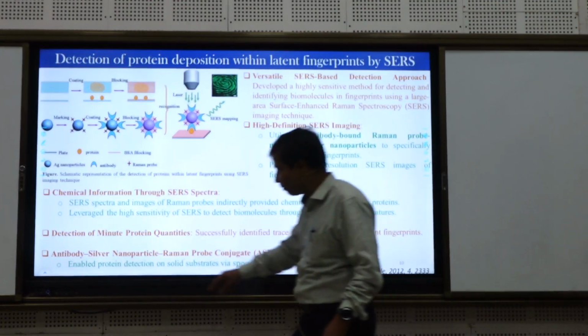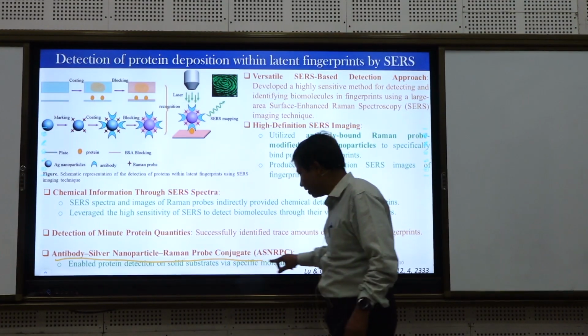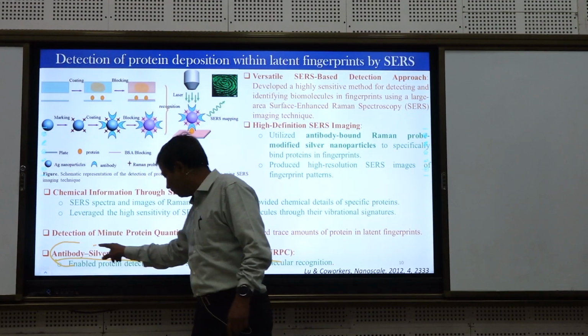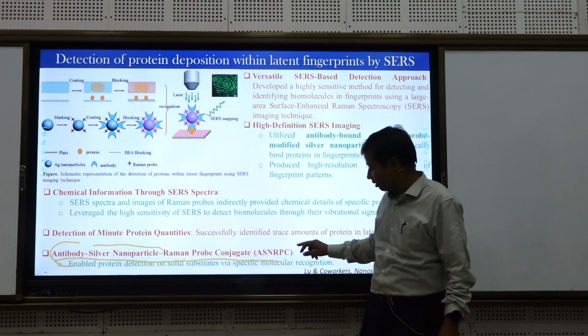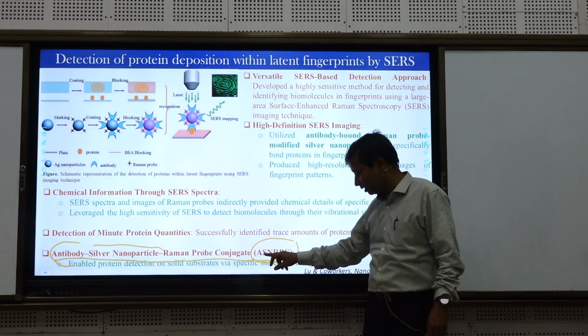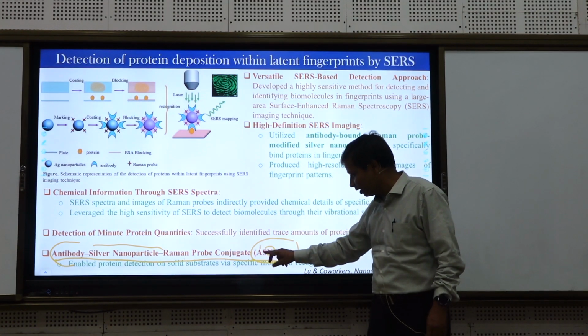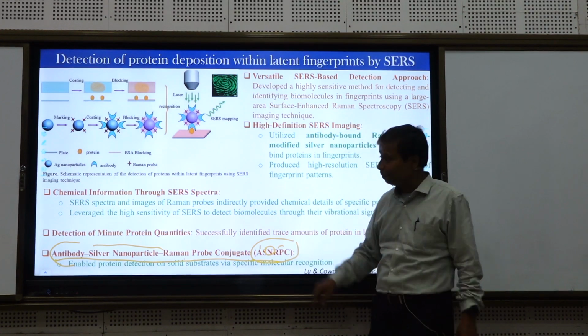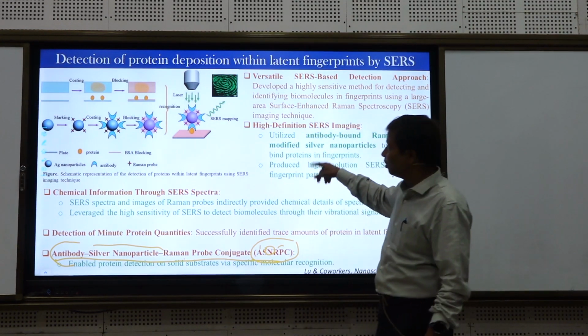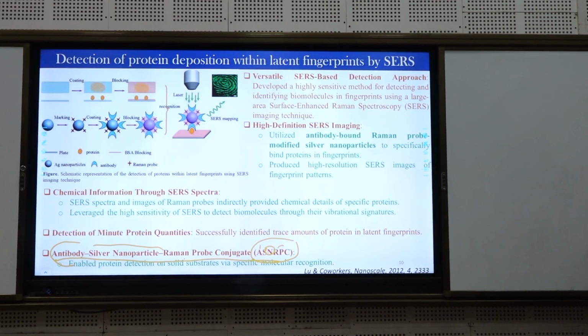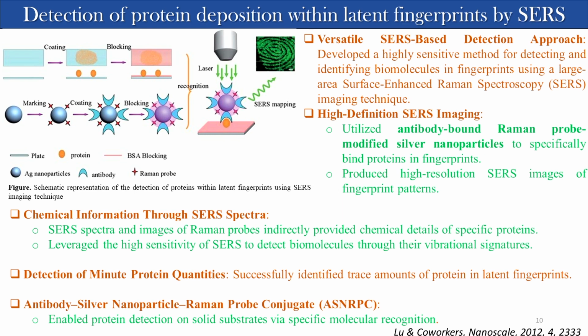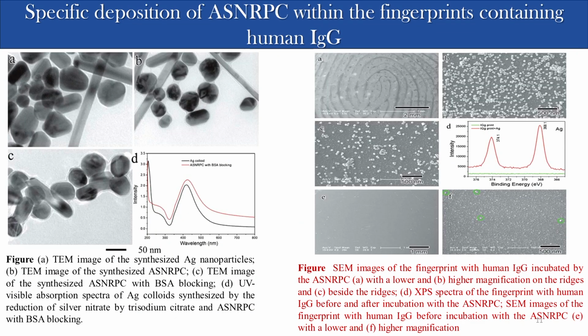This is what they have coined the antibody silver nanoparticle Raman probe conjugate, ASNRPC. This is the technique they used, and they found that it allows them to find very minute quantities of protein. For that they used one antibody, immunoglobulin G, which is very well known. Many people study this immunoglobulin G and they found a really interesting result.